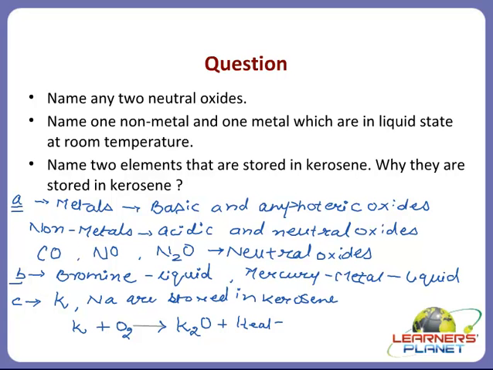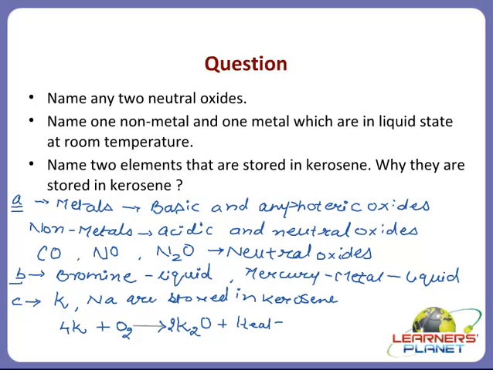The reaction is vigorous, so we store it in kerosene so that it does not catch fire. Likewise sodium also reacts with oxygen of air, forming sodium oxide, and a large amount of heat is released, and because of that it catches fire. So sodium and potassium are stored in kerosene.